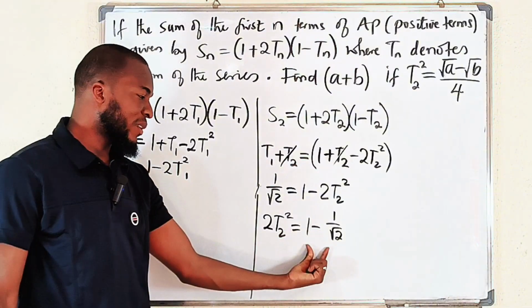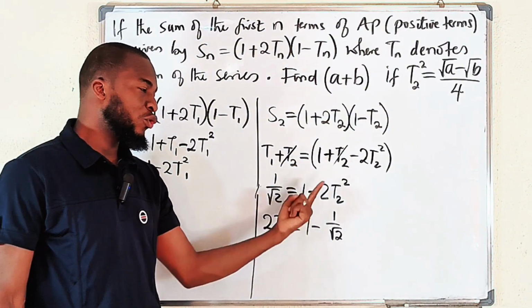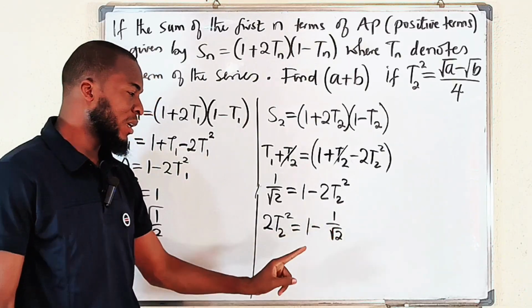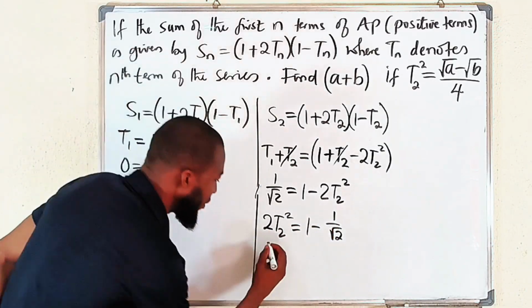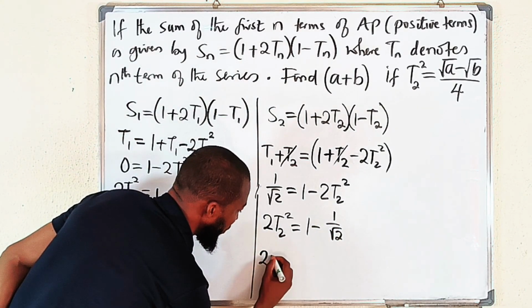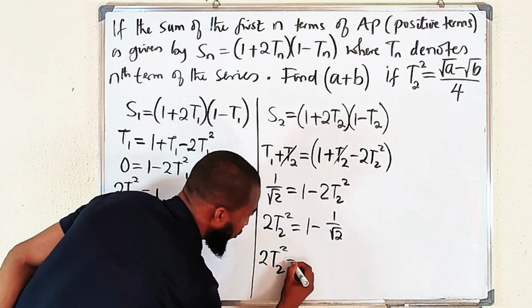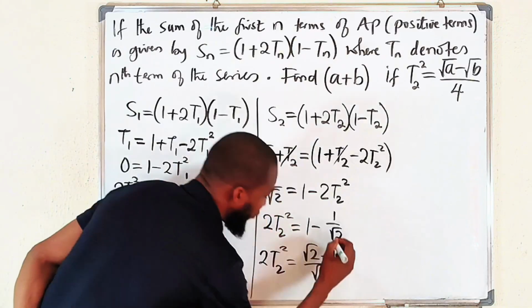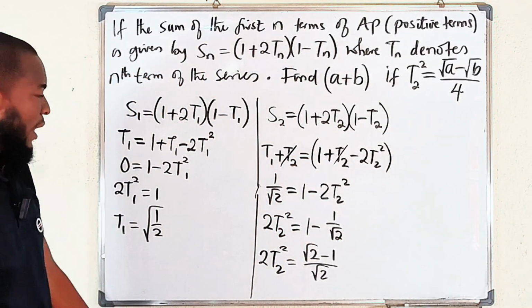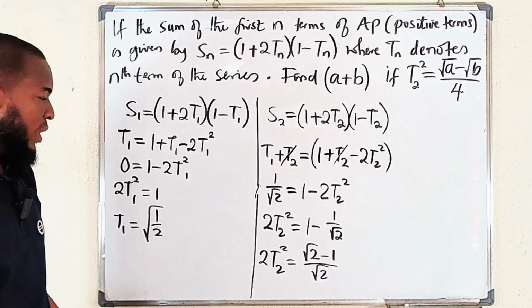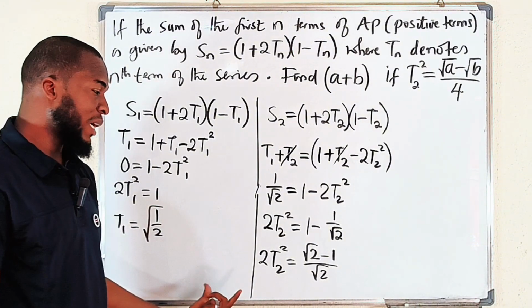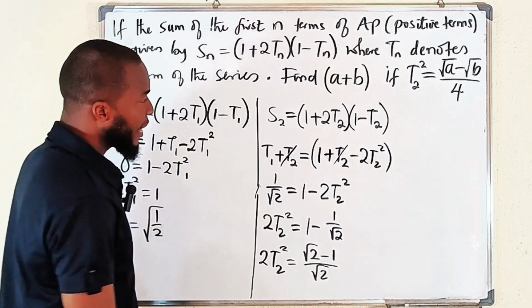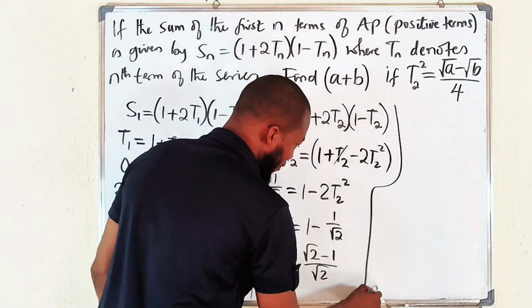And we can simplify this. This is simply root 2 minus 1 divided by root 2. So we have 2t2 squared equal to (root 2 minus 1) divided by root 2. I think we can multiply the top and the bottom by the square root of 2.